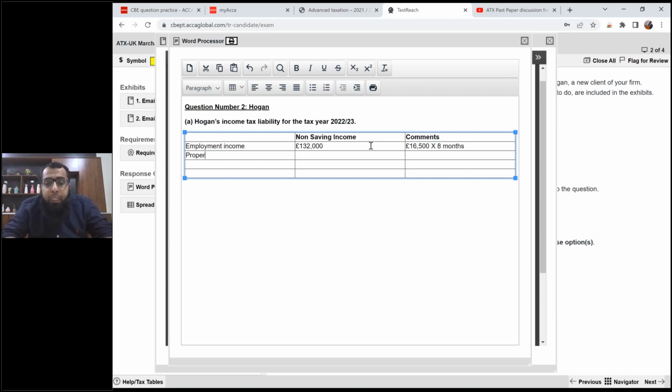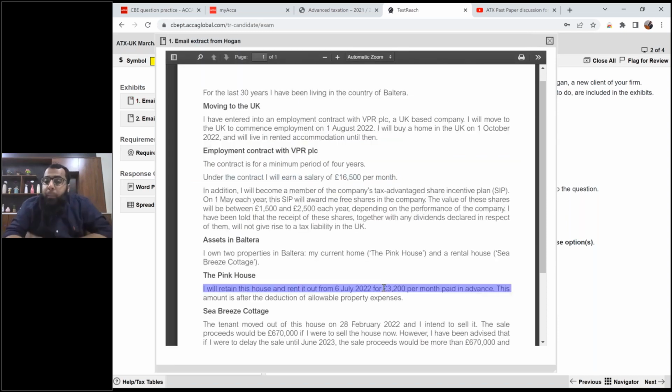Then there will be property income, overseas property income. What is the amount of overseas property income? It's £3,200 per month. The property income started from July 22, but I will not take it from July.